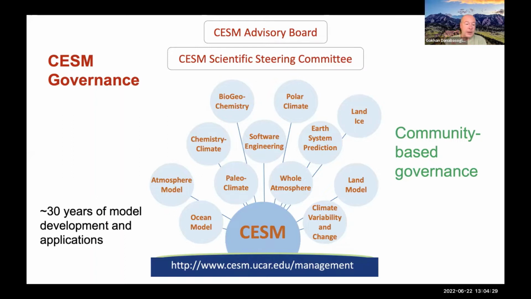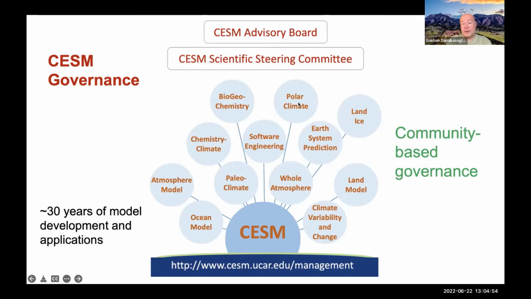And what I'm showing here is a schematic of our governance structure. And I think community right now is built into our governance structure right from the beginning. CESM has 12 working groups, and these include actual model development working groups, such as for the atmospheric model, ocean model.